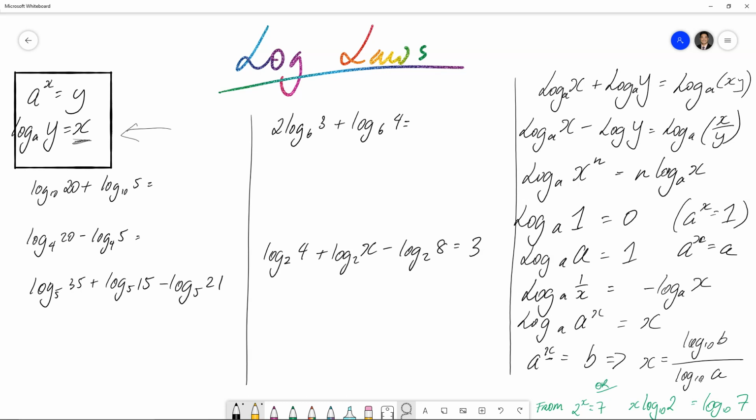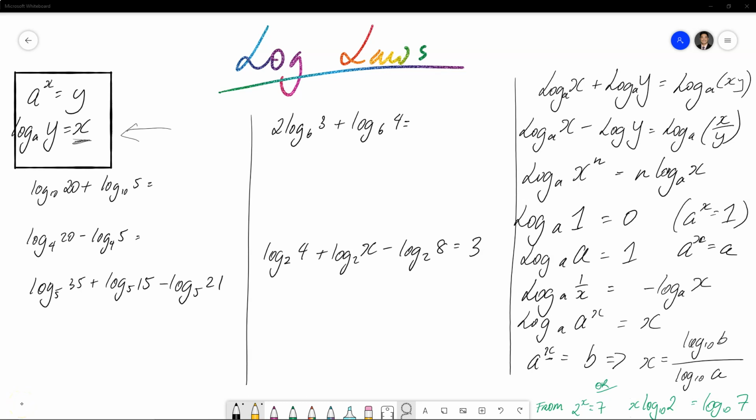So 2 is your a and 7 is your b. So you've converted both sides into log form. So x log 10 2 is equal to log 10 7. To get x on its own, you're going to divide log base 10 7 by log base 10 2. And that is how you get x.